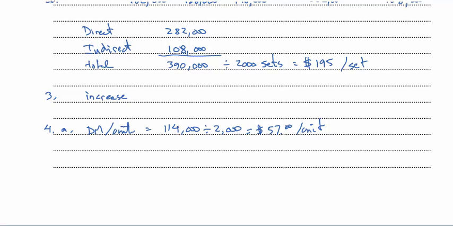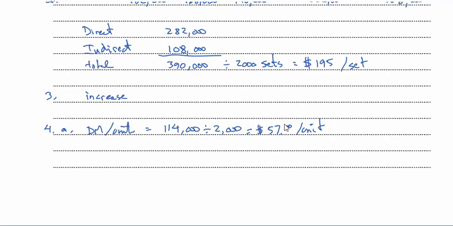Right, welcome to part 2 of the solution to problem 2-3. We have just been looking at part 4a and expecting there to be a disagreement between the price the president wants to charge and the price the brother-in-law expects to pay. So the brother-in-law priced out the materials and figures that they're worth about 57 bucks a unit.